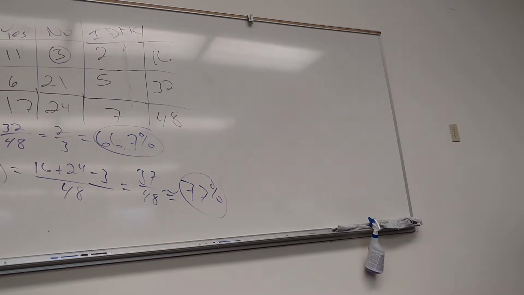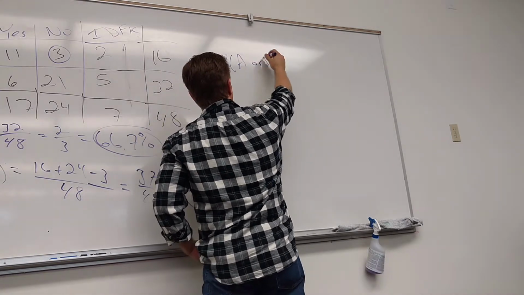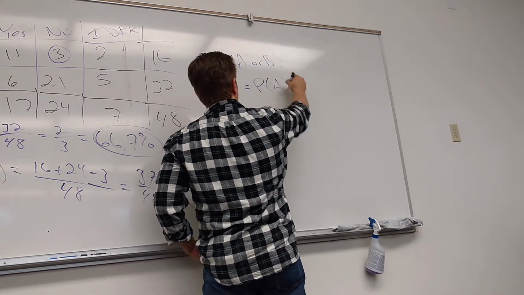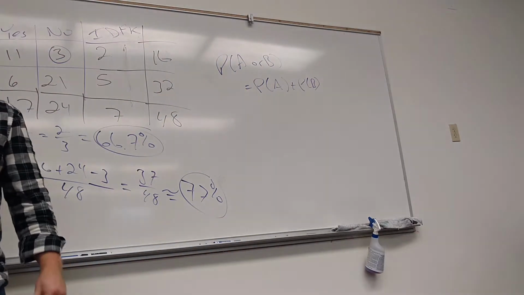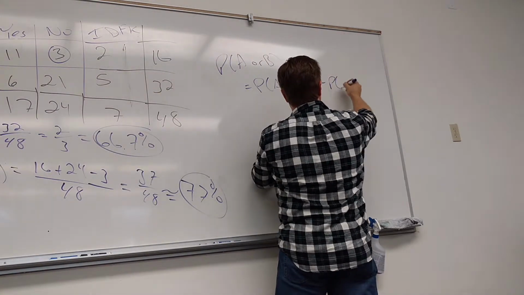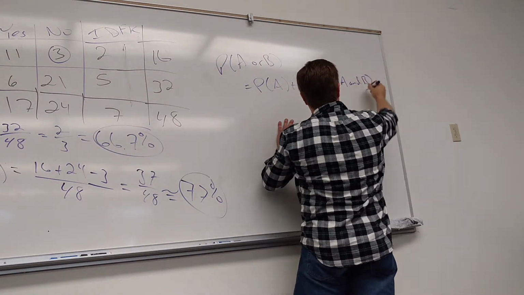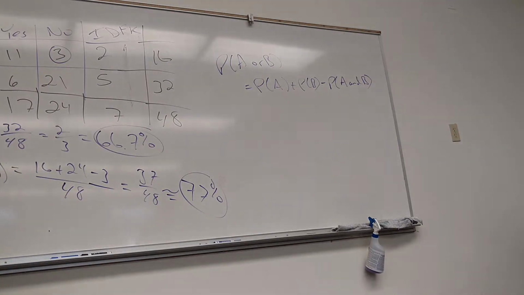In general, the probability of A or B is the probability of A plus the probability of B, but you got to subtract any that are both A and B. So minus the probability of A and B, because those would be the ones that you counted twice.